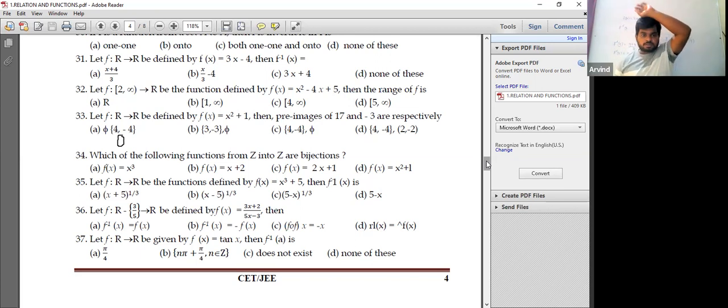There are 4 functions. First function is f of x is equal to x cube. Check whether it is 1-1 and onto. Another, f of x equals x plus 2. Check whether it is 1-1 and onto.